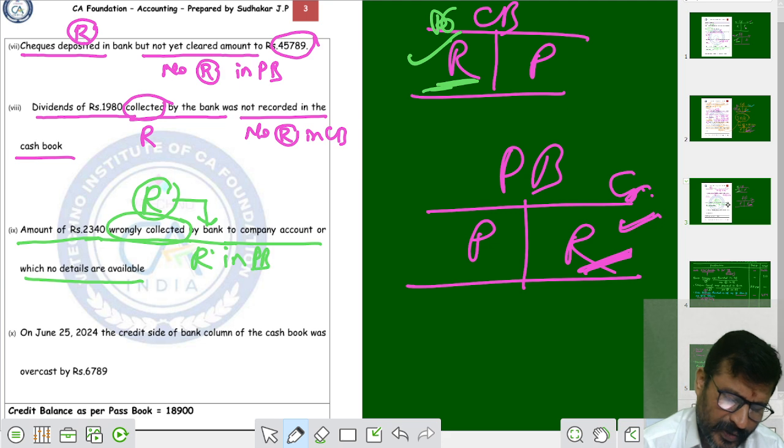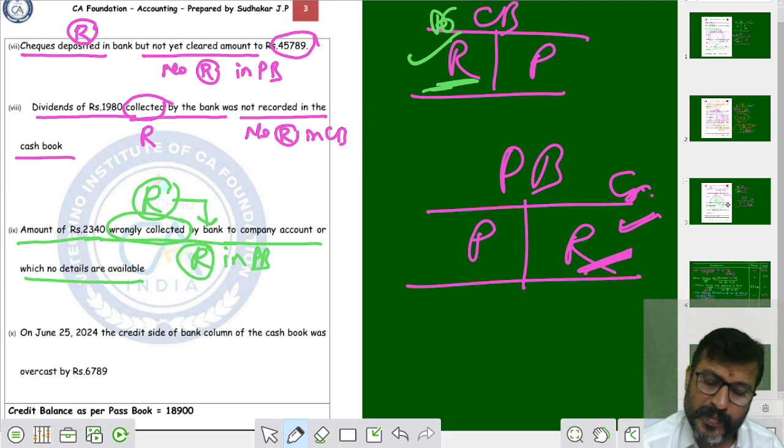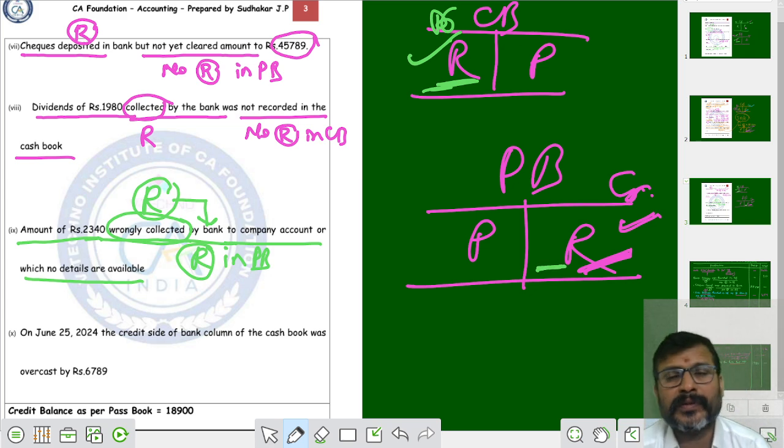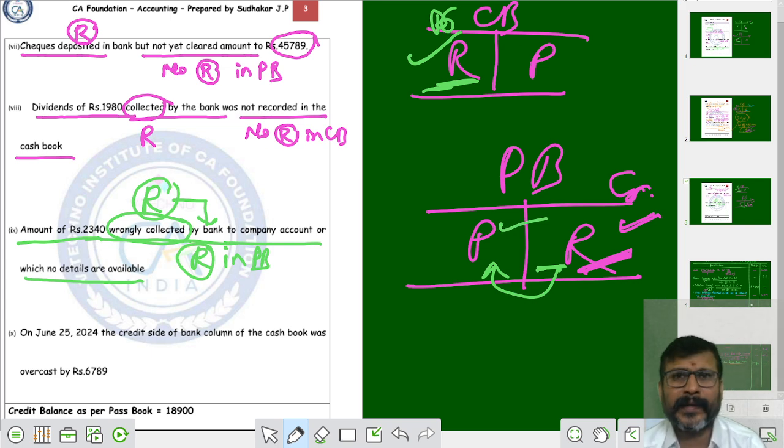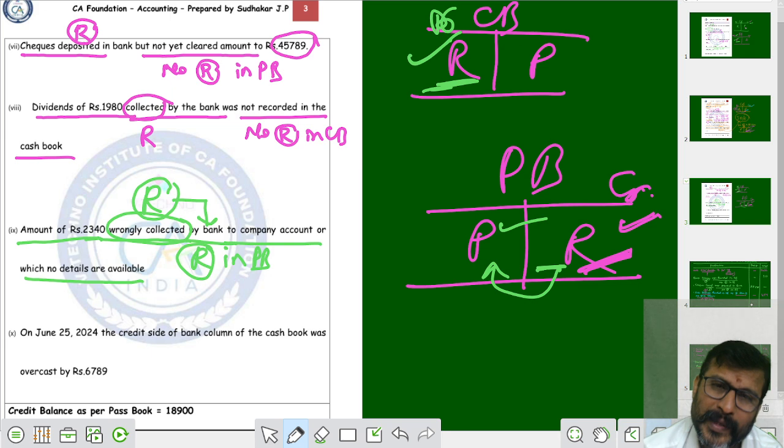Receipt in passbook. Receipt in passbook means it is a credit in passbook. When it is already credited, we have to take it on the opposite side, that is the debit side. Did you understand? Wrongly collected by the bank means wrong receipt in the passbook, wrong credit in the passbook. So we have to take it on the debit side.